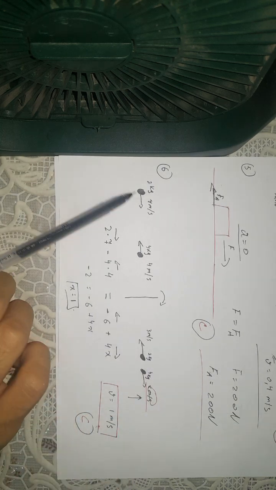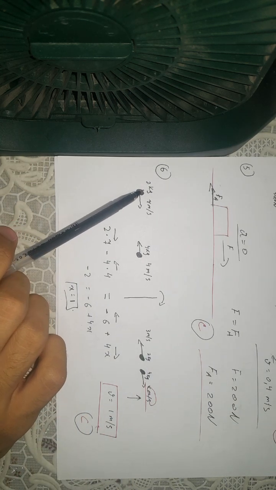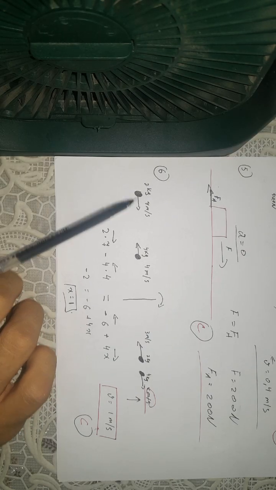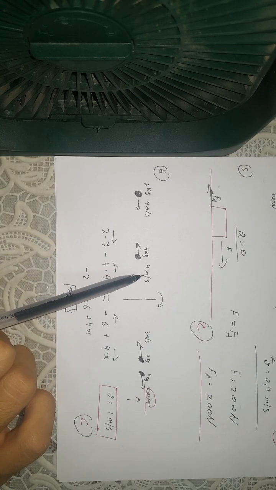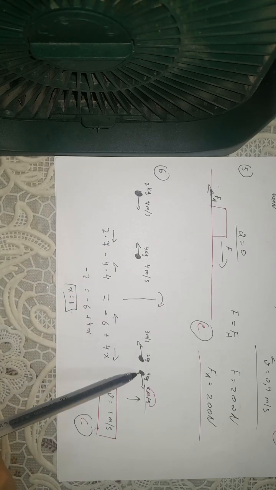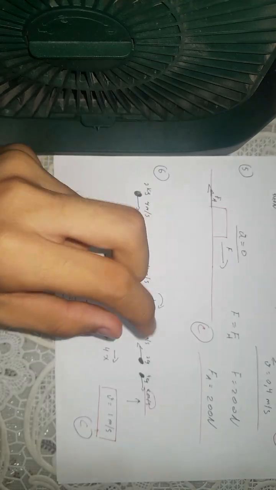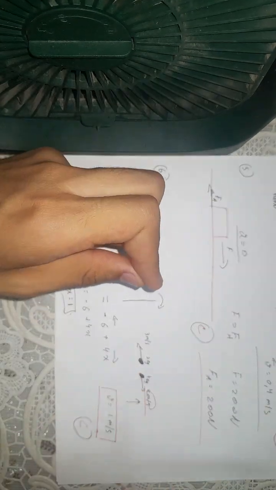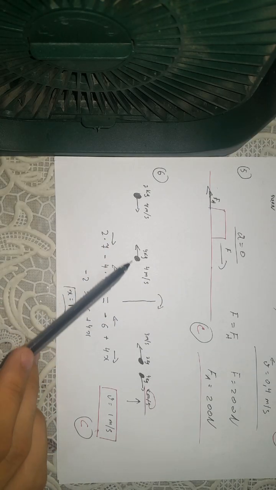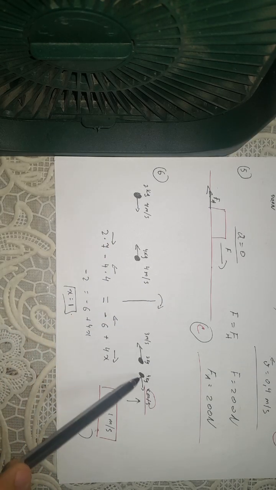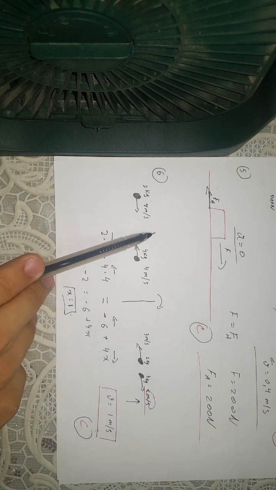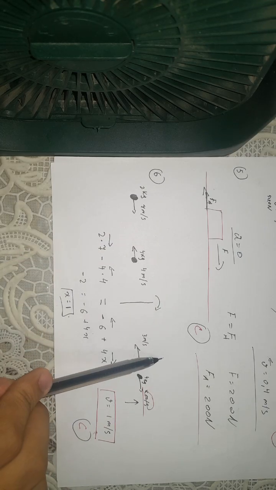The sixth question says that we have an elastic collision. Two bodies: 2 kilograms at this speed on this side, and 4 kilograms at 4 meters per second on this side. They collide and move like this. It's an elastic collision. Considering directions, positive, negative, negative, positive, this impulse has to be equal to this impulse.